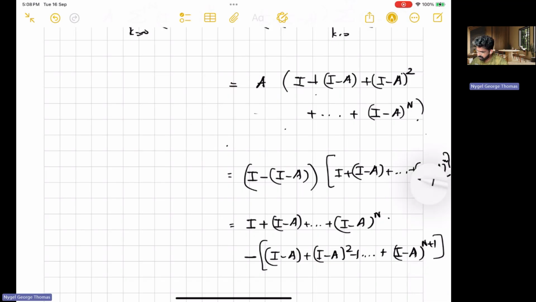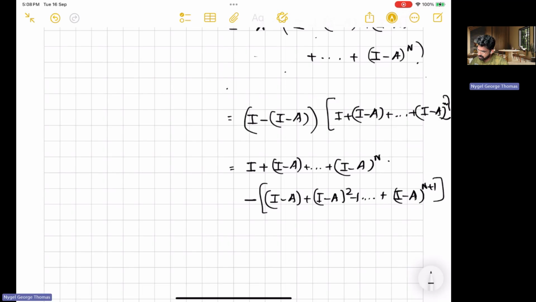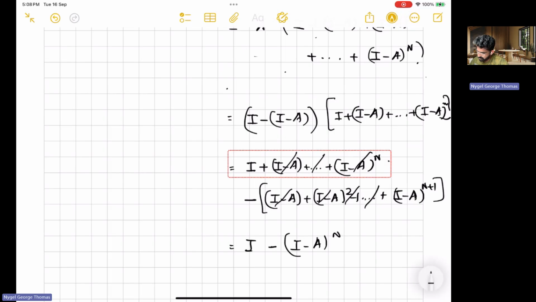If you take the difference, all these terms cancel except the first term and the last term. So this is I minus (I minus A) raised to n plus 1.